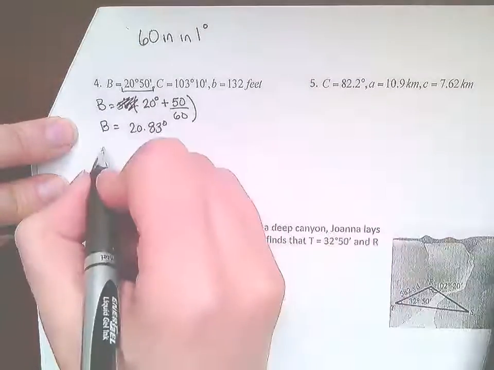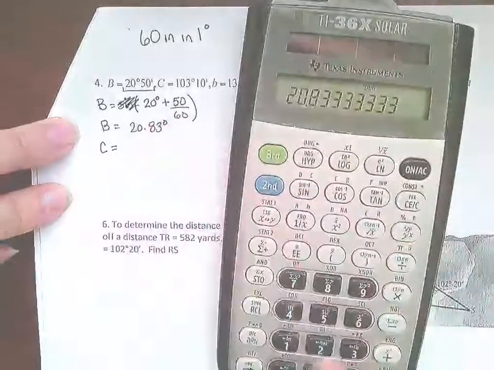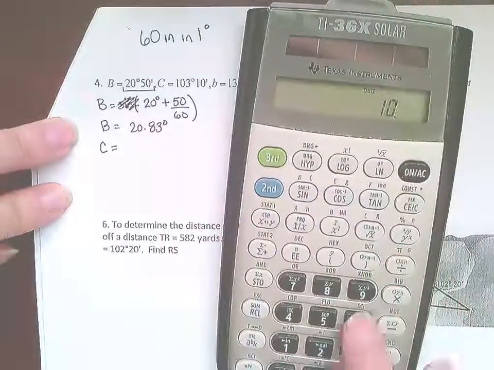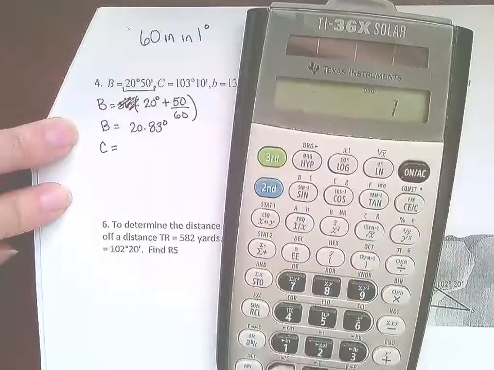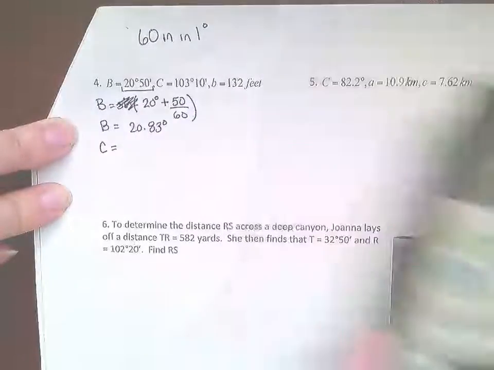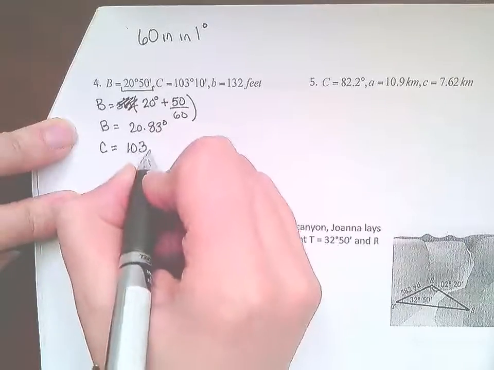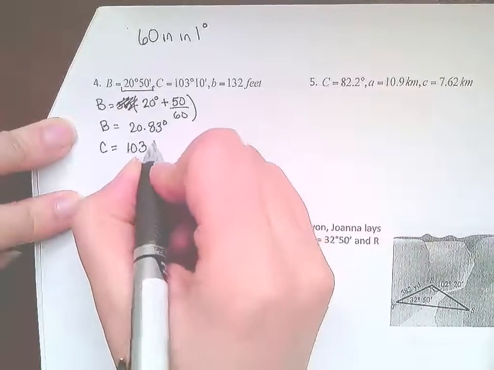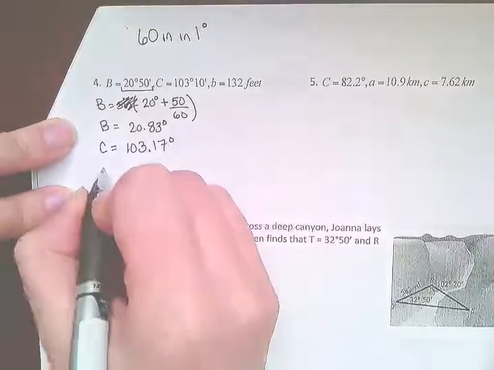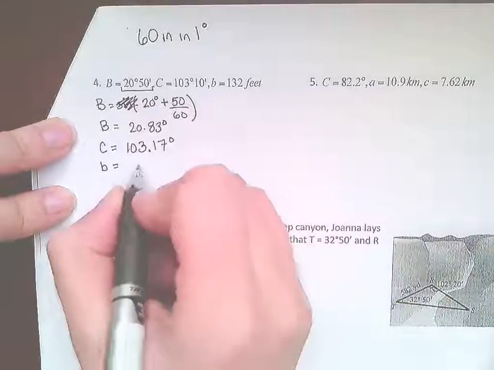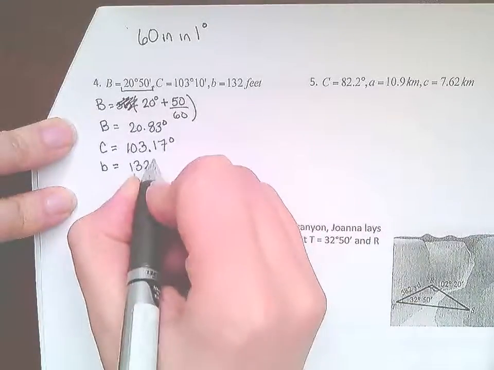So B is actually 20.83 degrees. And then C is going to be 10 divided by 60 plus 103. It's 103.17 degrees. And then side B is 132 feet.